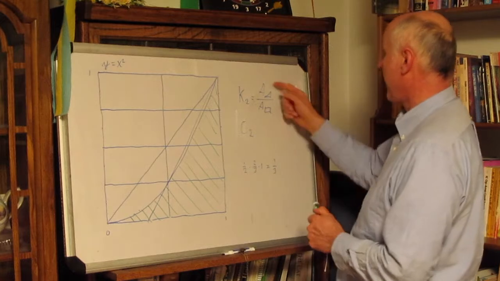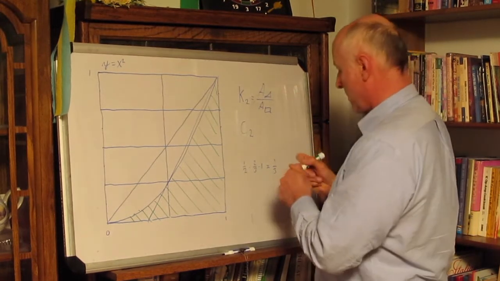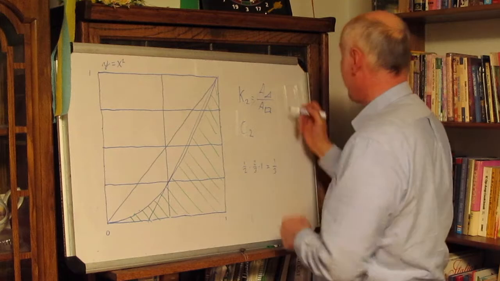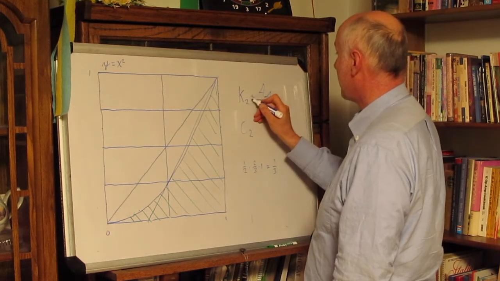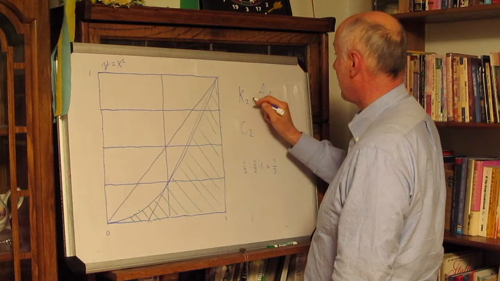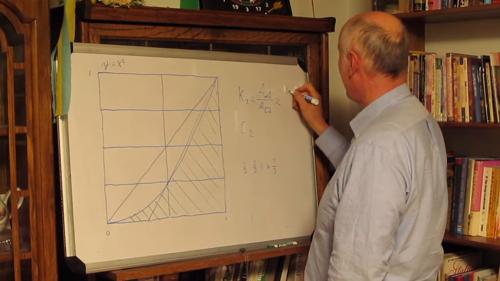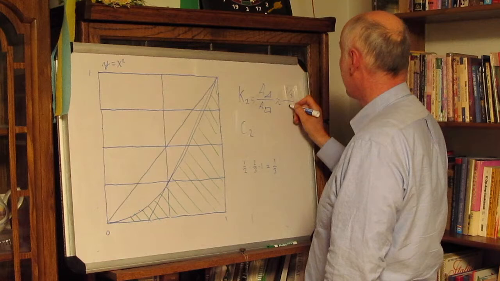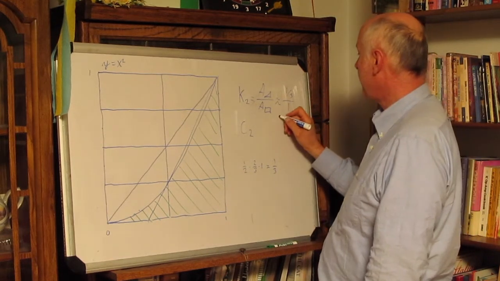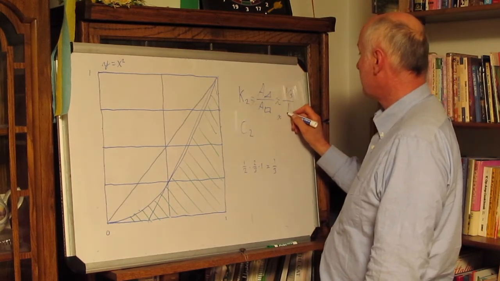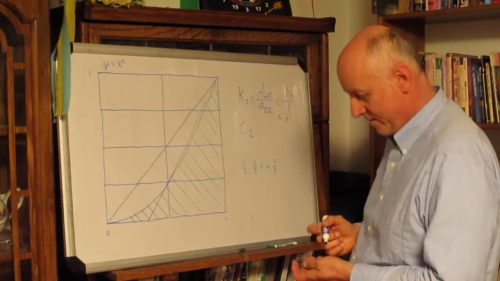That's K2. Well, that area here we estimated as, what was it? 1/3. Well, this equals, we said about 1/3 to 1, right? So this whole thing is equal to 1/3. Just by looking at it.